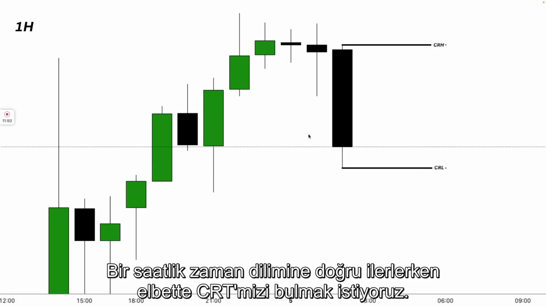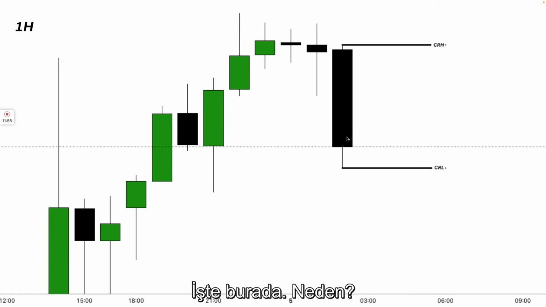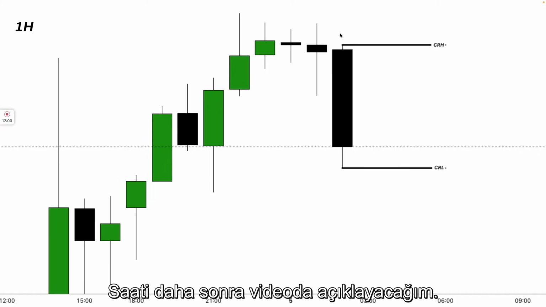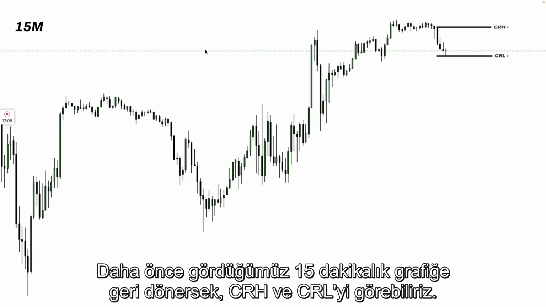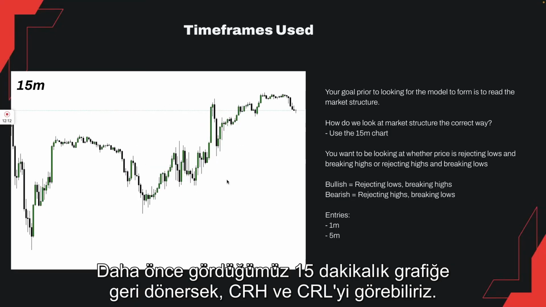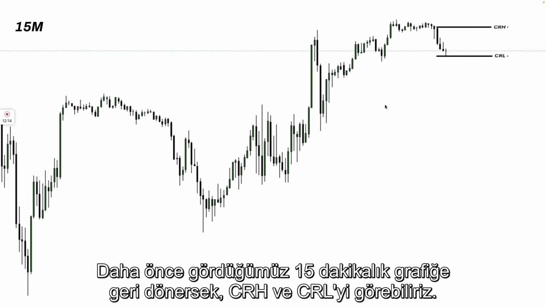So heading on to the 1 hour time frame, of course, we want to find our CRT. We have it right here. Why? Because this is a specific time. I will reveal the time later in this video. Heading back onto that 15-minute chart that we saw prior, right here, we can see the CRH and CRL.